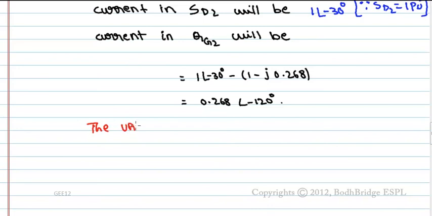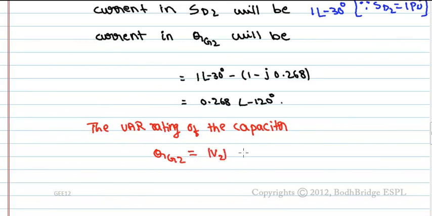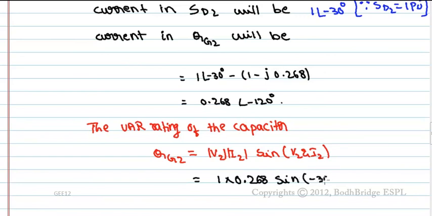The VAR rating of the capacitor QG2 equals V2 I2 sin of the angle between V2 and I2. This equals 1 into 0.268 into sin of minus 30 plus 120 degrees.